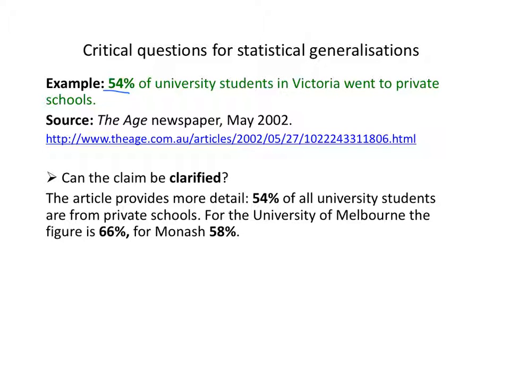So that is most, it's over 50%, but it's not a very high proportion. Although for different universities we can see that the exact proportion varies a bit. For the University of Melbourne, 66% of those students went to private schools. For Monash, the figure's 58%.